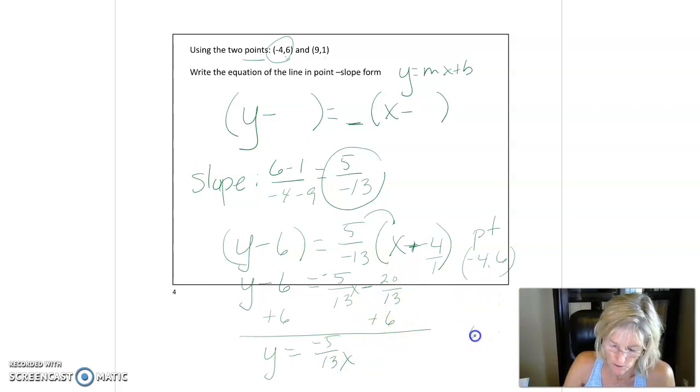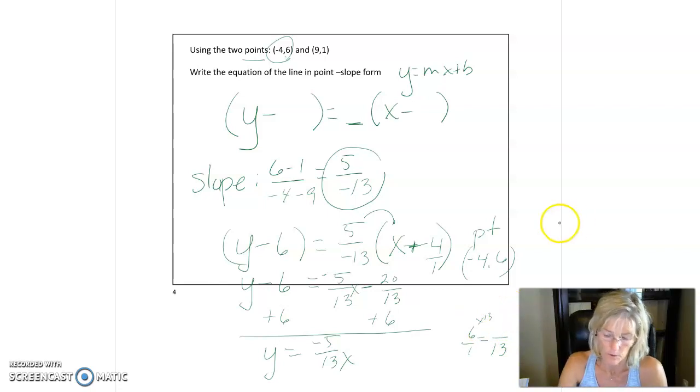So I'm going to change 6 over 1. I need something that is over 13. Well, if I multiply the denominator here by 13 to get here, I need to multiply the numerator by 13 to get that. And 13 times 6 is 78.